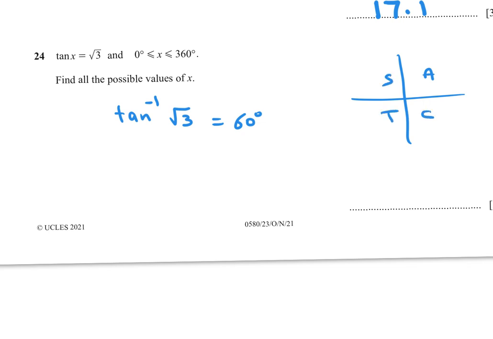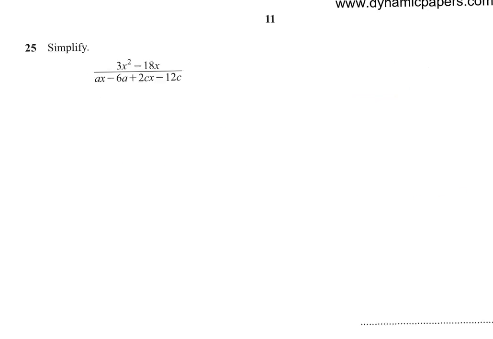From the ASTC rule, tan is positive in the first, which is theta, and the third, which is 180 plus theta. So the possible values are 60 and 180 plus 60, which is 240. So the two solutions are 60 degrees and 240 degrees.